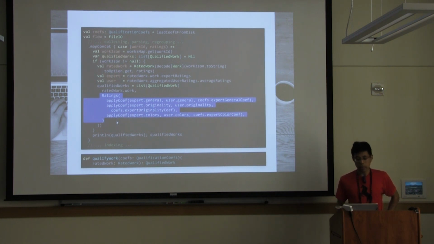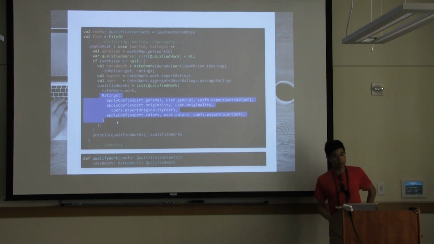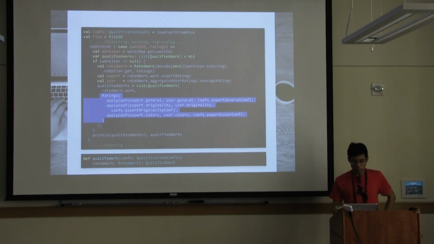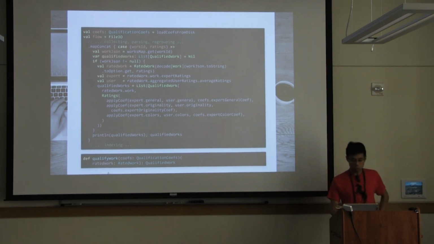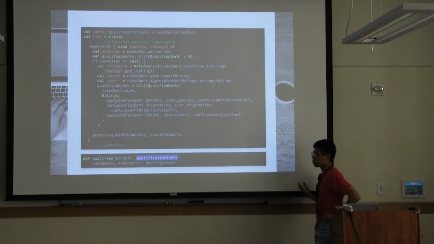The objective ratings are computed by applying the qualification coefficients on both the expert ratings and the user ratings. So looking at this code, we can deduce that the appropriate function signature here would be, for example, a function named qualifyWork with the qualification coefficients and a rated work, and it would produce a qualified work.